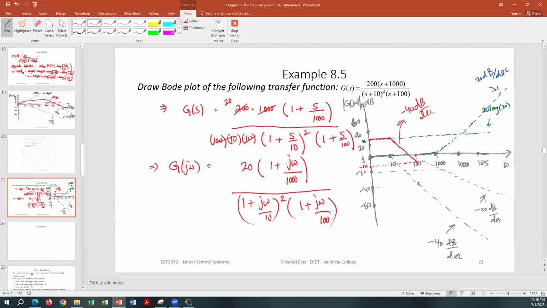So negative 60 and negative 14 is negative 74, right? So it's going to go to negative 74.